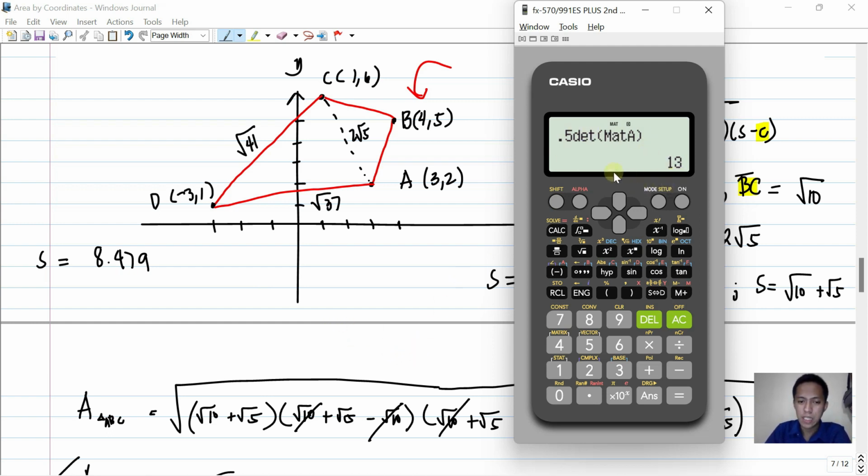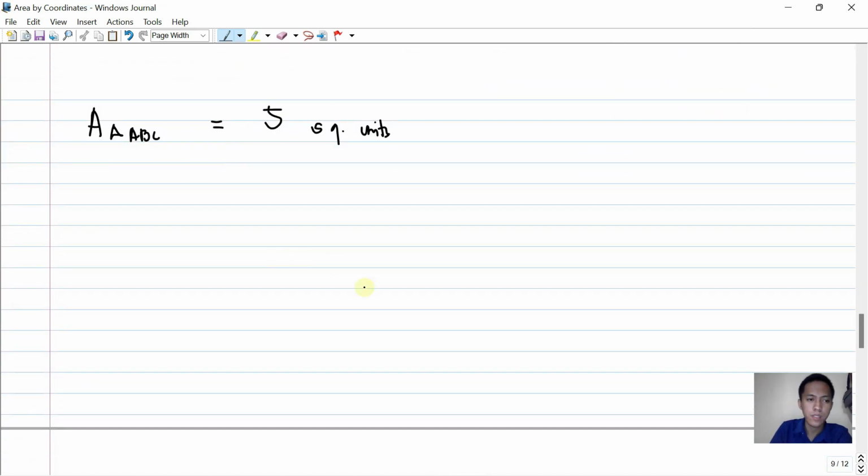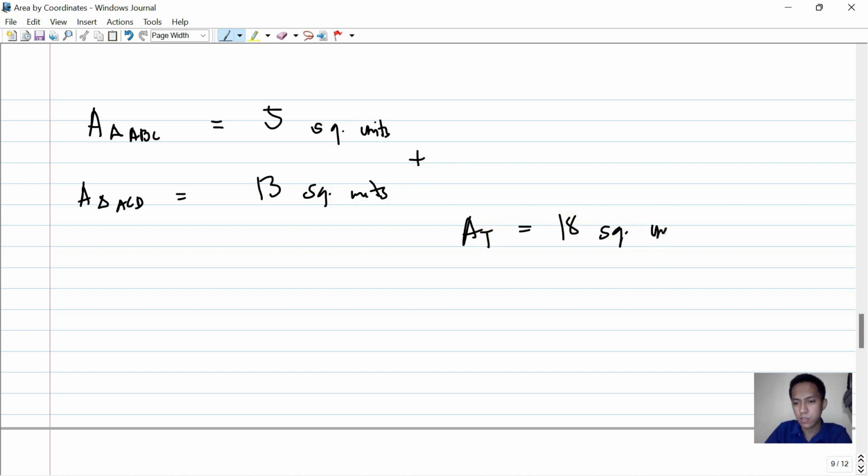Okay, so that is the area of triangle ACD. So 13 square units. So the total area is 18 square units.